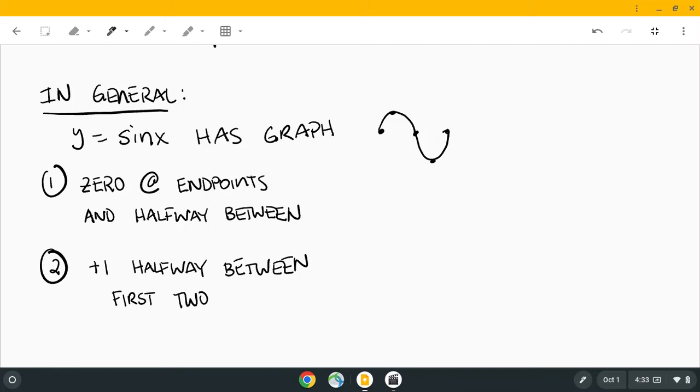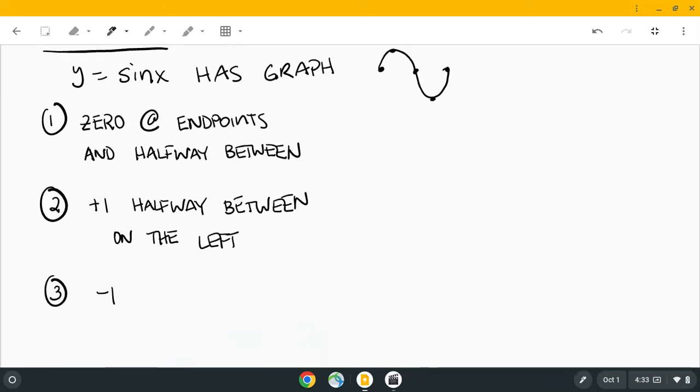Here, let's just say this. You get +1 halfway between on the left. We see that here. Okay, so halfway between on the left, we have +1.